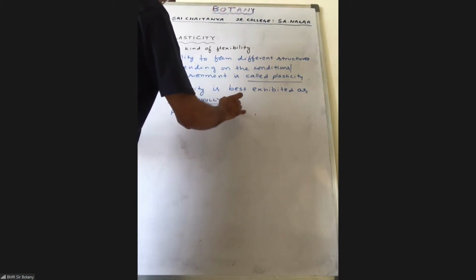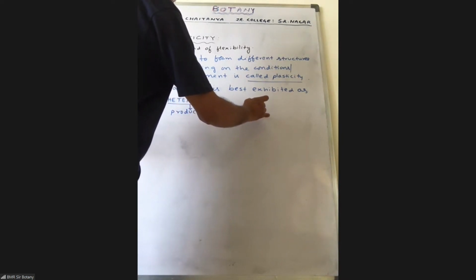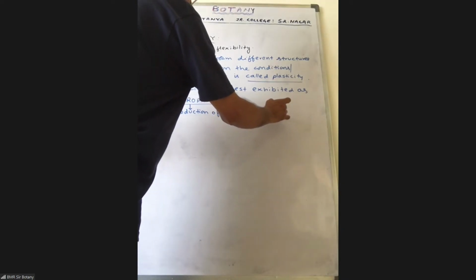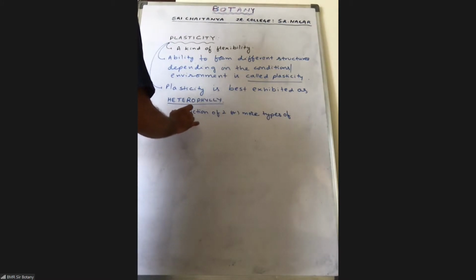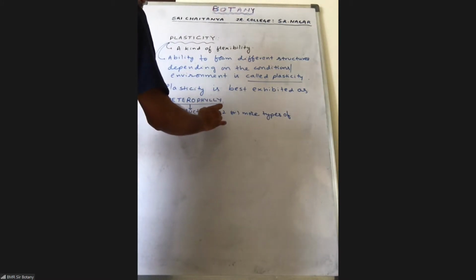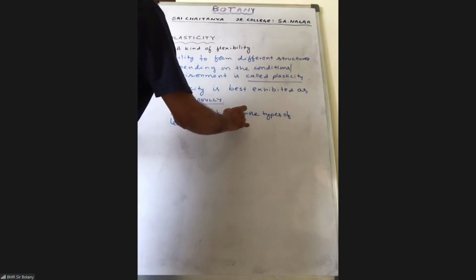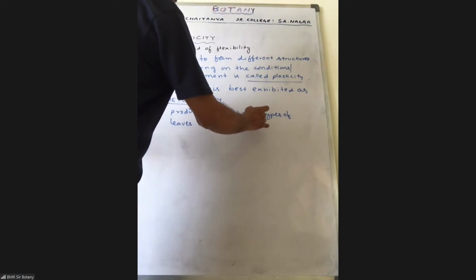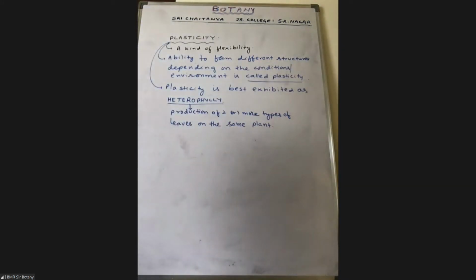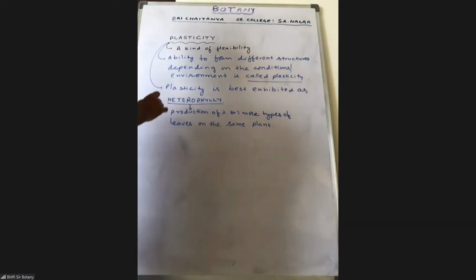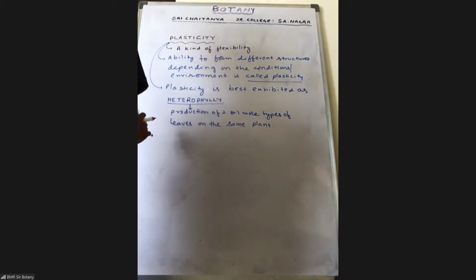Production of two or more types of leaves on the same plant is heterophily. And this heterophily may be due to environment or due to different stages of development.